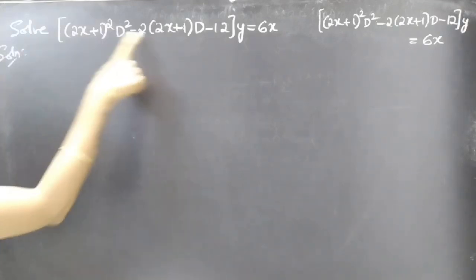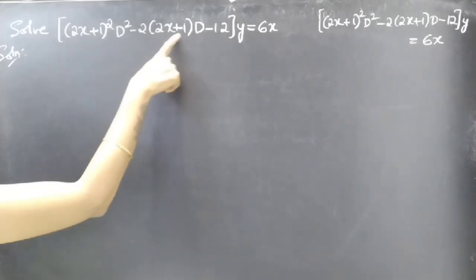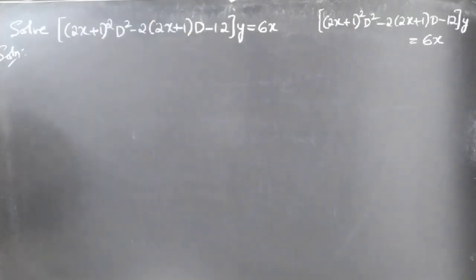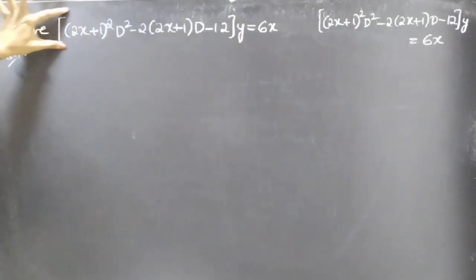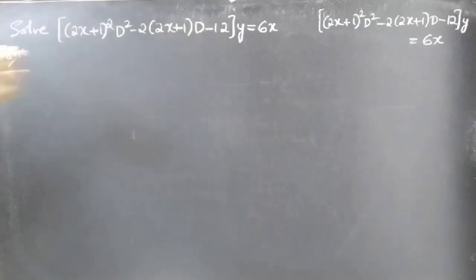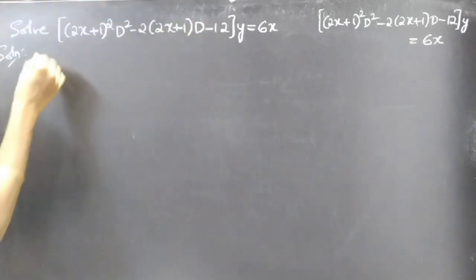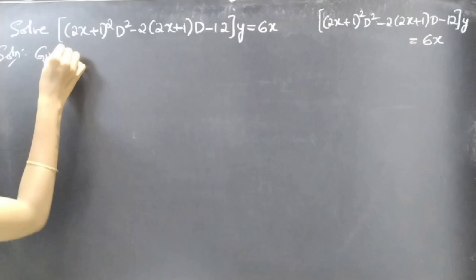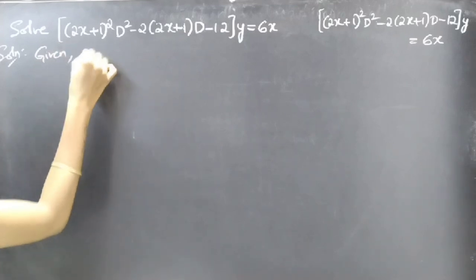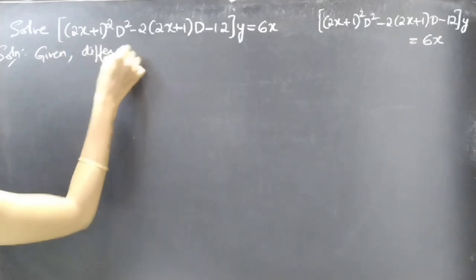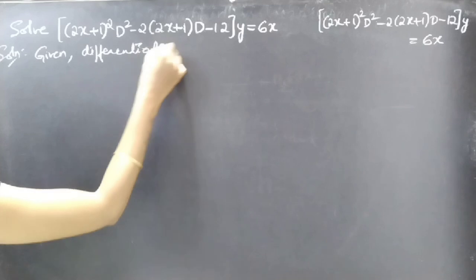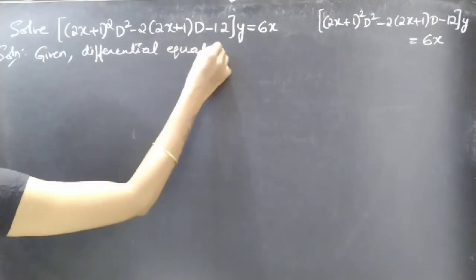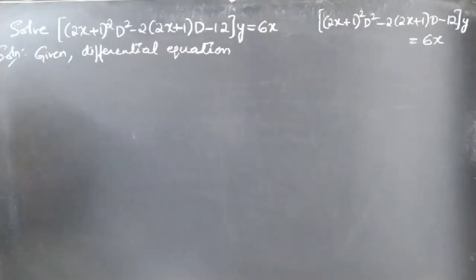By noticing (2x+1) whole square and (2x+1) power 1, we can say this is of Legendre's equation form, which looks like Legendre's equation, right?